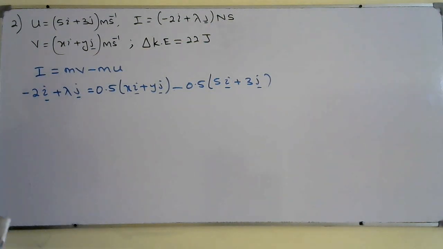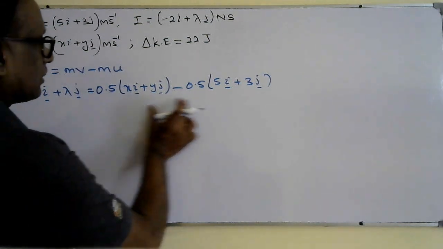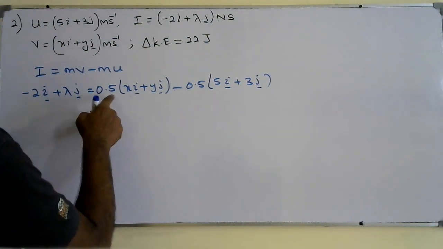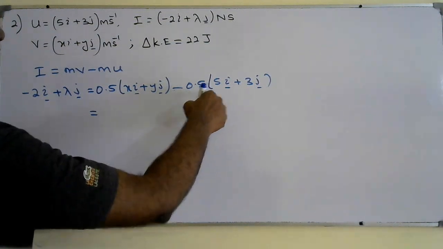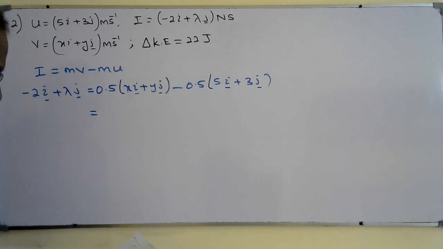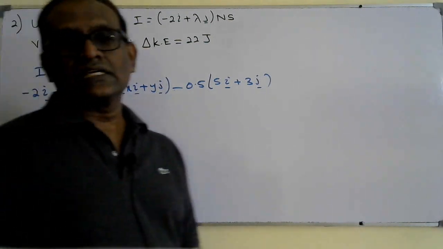So we'll rearrange it, because this vector is equal to the whole vector. So 0.5 xi minus 0.5 into 5i.